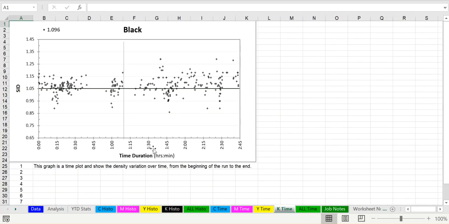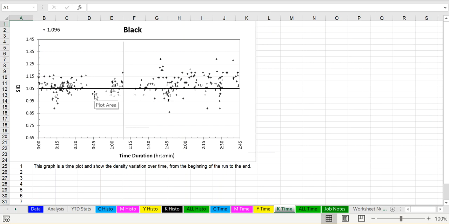So this horizontal axis here, the x-axis, is time duration. From the minute we got the color okay and we started counting sheets, the total press run was about 2 hours and 45 minutes. This is at 25,000 copies per hour. This vertical line here shows you shift change, and these gaps here show you that the press was down for some reason.